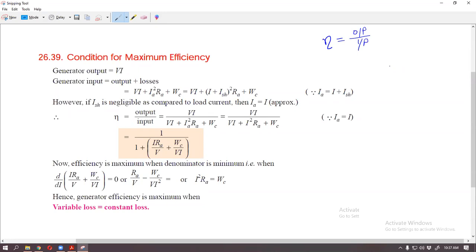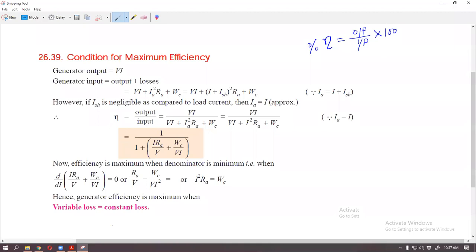Okay, all are clear? Efficiency means output by input, and percentage of efficiency is output by input into 100. Okay, all are clear? Yes, sir. No, sir. Repeat again, please.